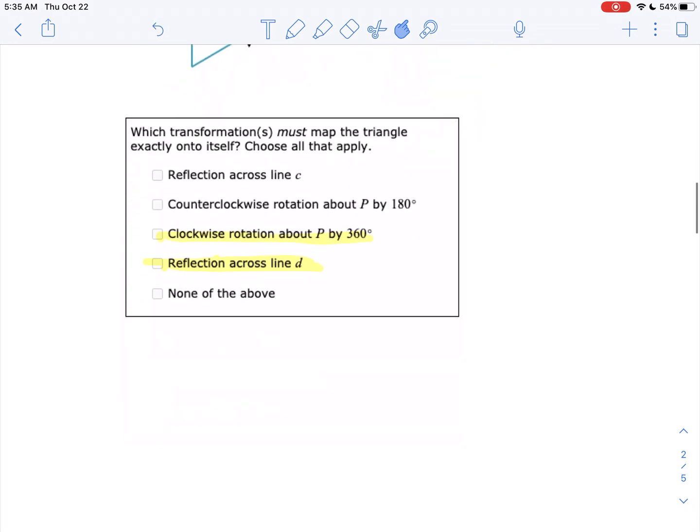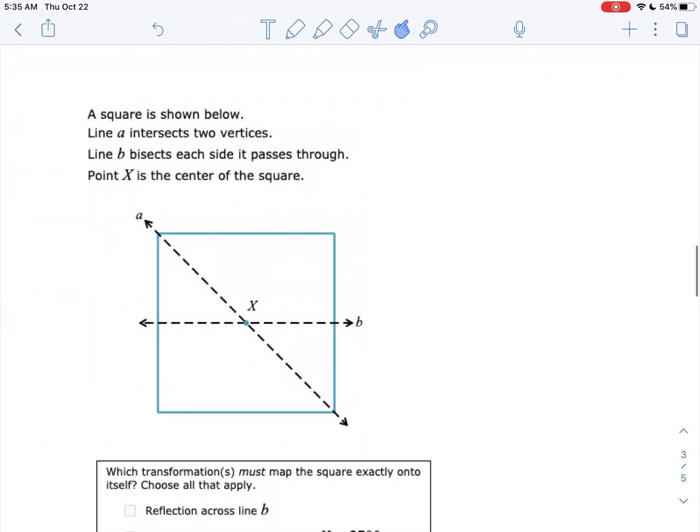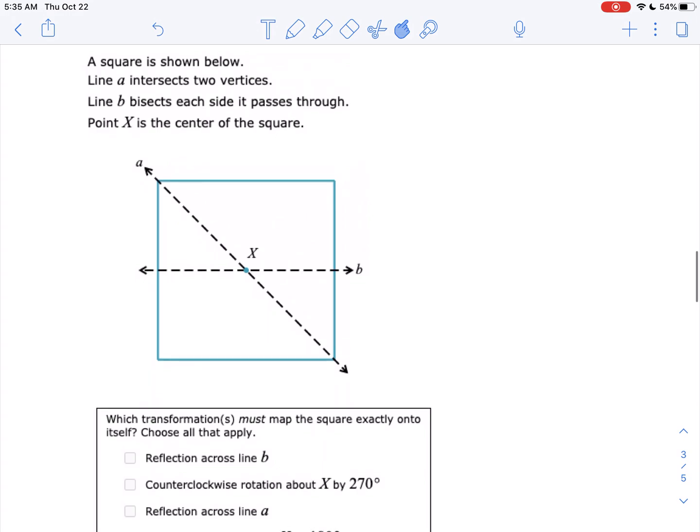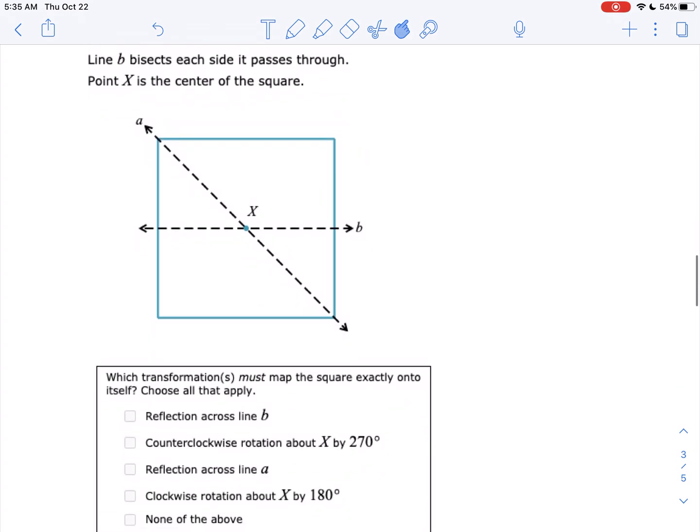Let's take a look at another problem here. We got this square. So if we reflect it across line B, everything matches up. So we have that one. How about a 270 rotation? Well, let's take a look at the rotations. We take 360 divided by 4 because it's a square. So any multiple of 90.